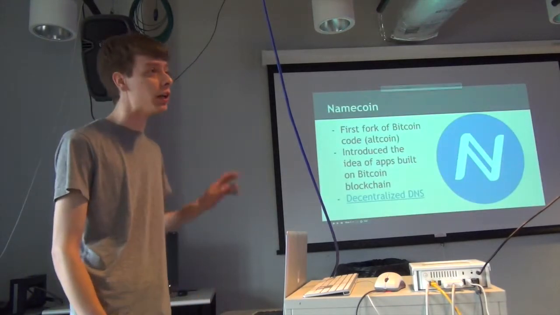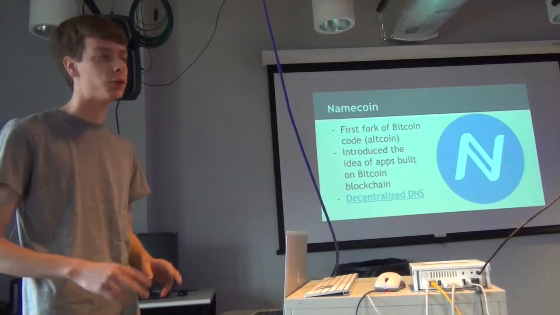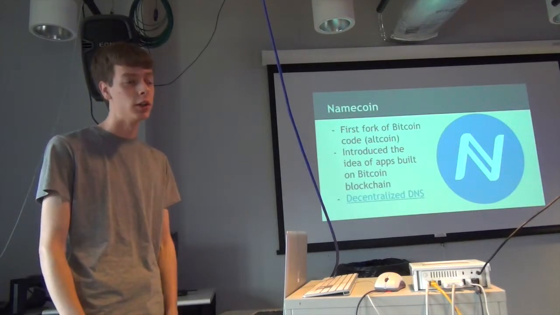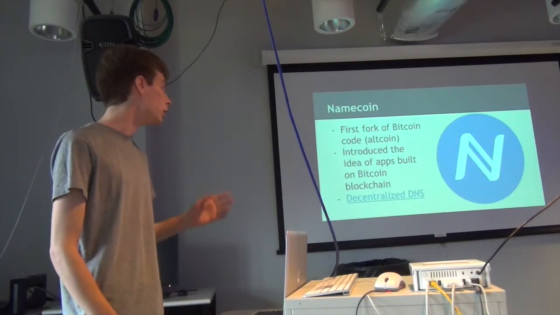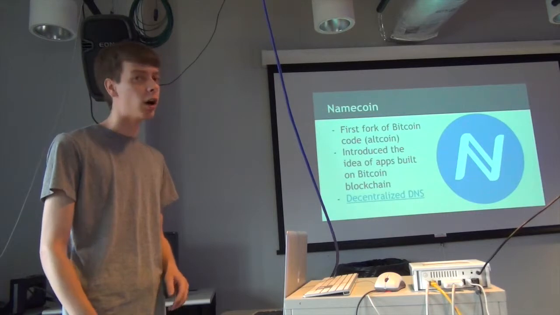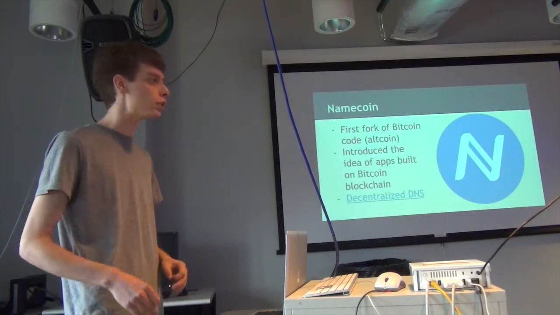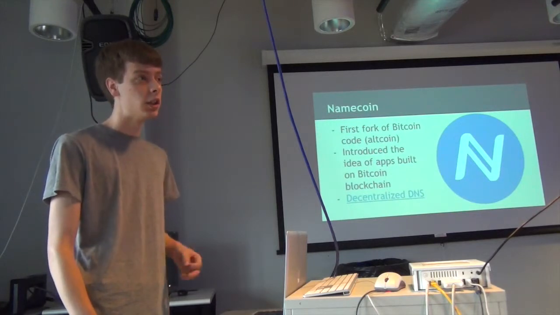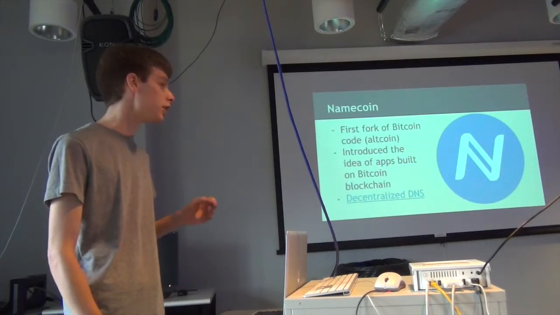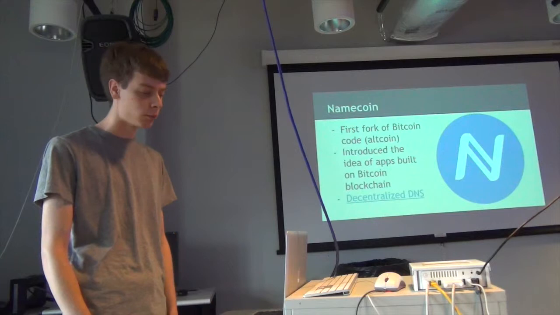Right, so Namecoin. Namecoin is the first fork of Bitcoin code. And so basically what Namecoin does is it uses the public ledger that was built by Bitcoin, and it hosts domain names. And so in this way, it's a decentralized domain name system.